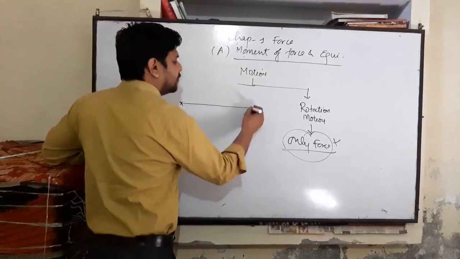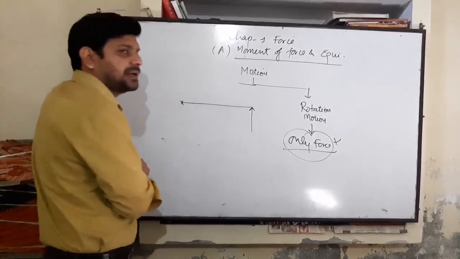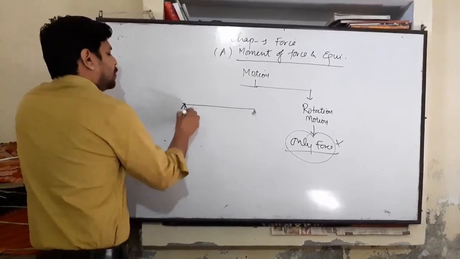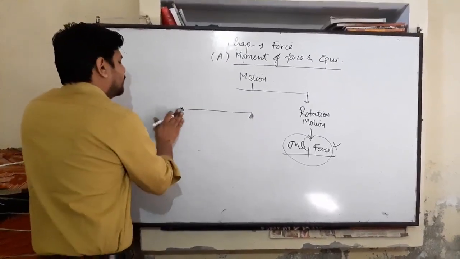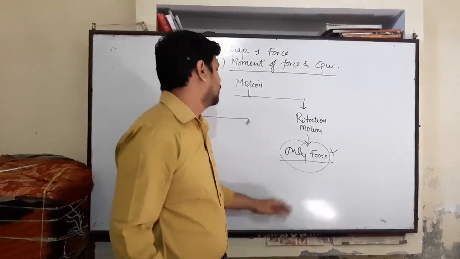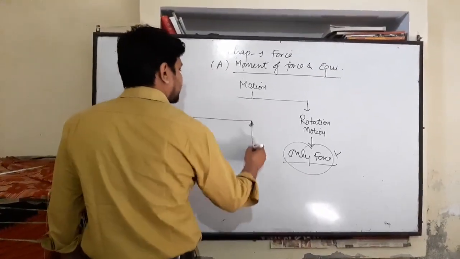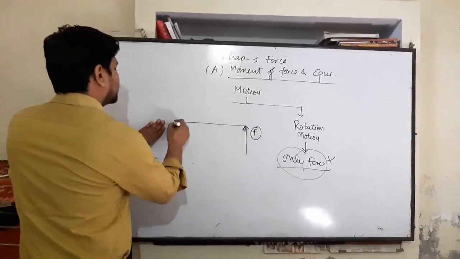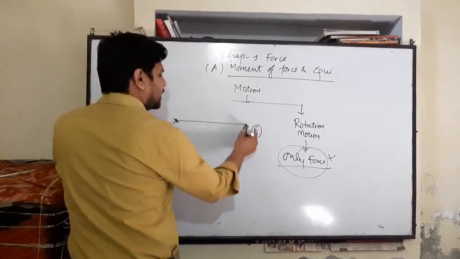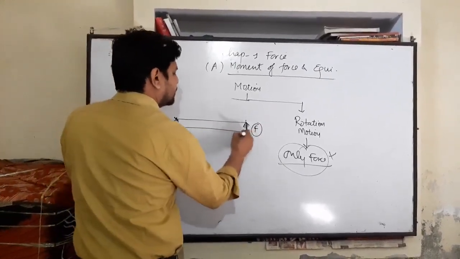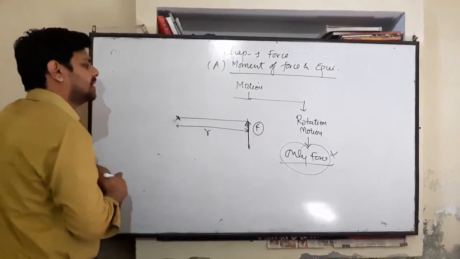So if we apply force here, the body rotates. But if we apply this force here, the body does not rotate. So we can say force is not the only factor which provides rotation. Another factor which provides rotation is the distance between line of action of force and axis of rotation. This distance, you can say it is R.